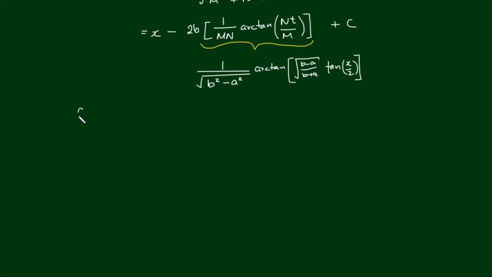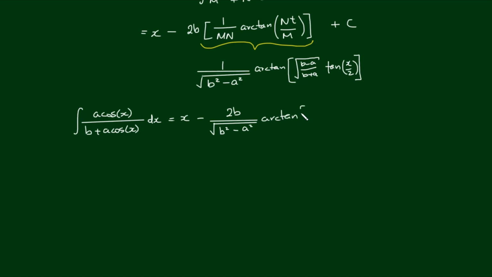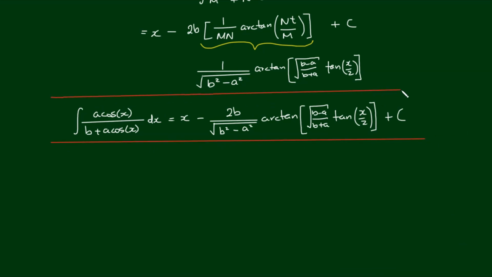To finish off, we say the integral of a cos x divided by b plus a cosine of x with respect to x is equal to x minus 2b divided by the square root of b squared minus a squared, times the arctangent of the square root of b minus a on b plus a times the tangent of x on 2, gee that is a mouthful, plus the integration constant c. So you can add this now to your table of integrals.